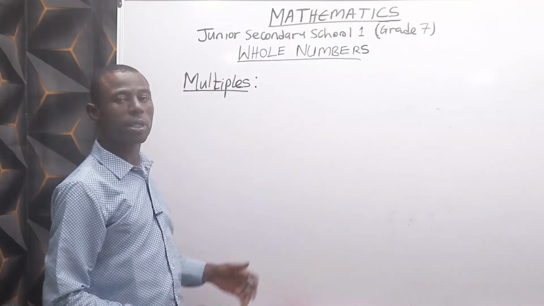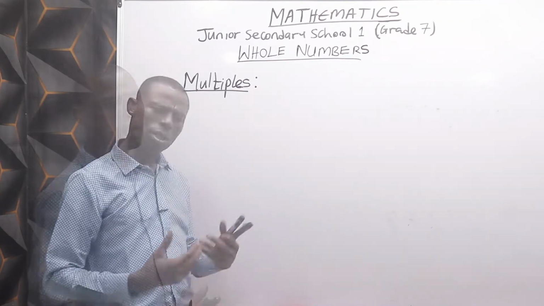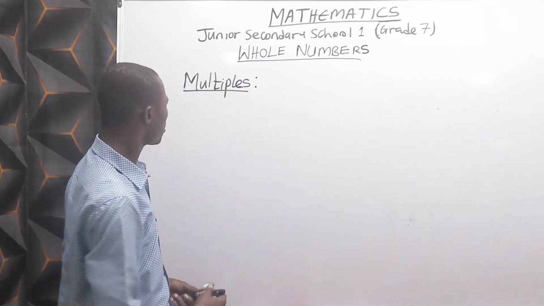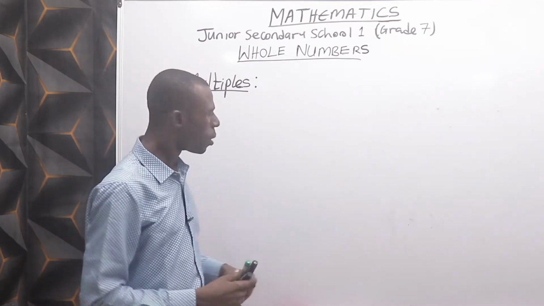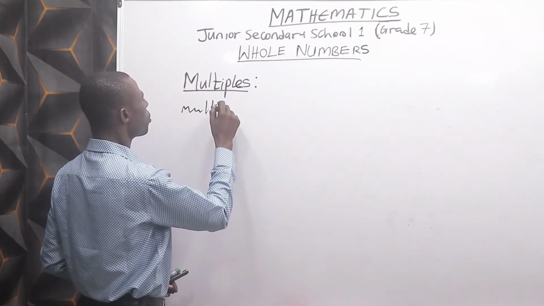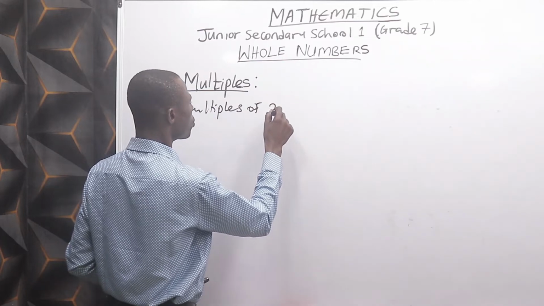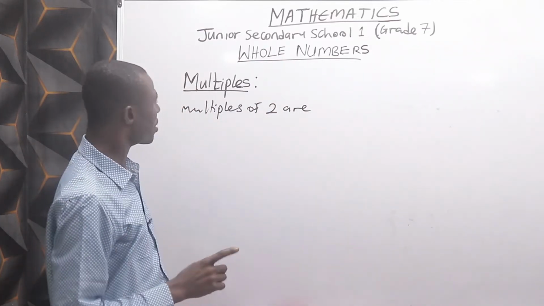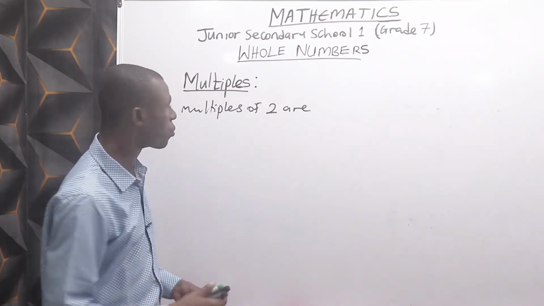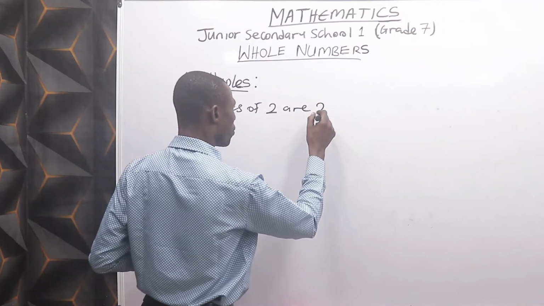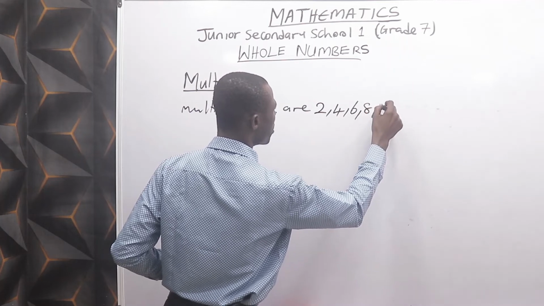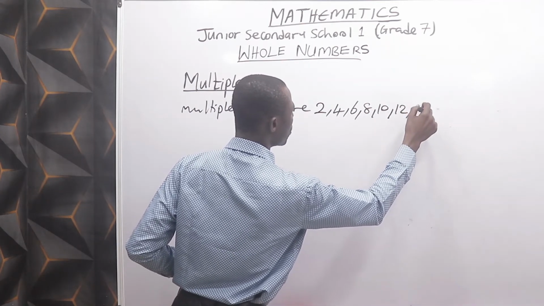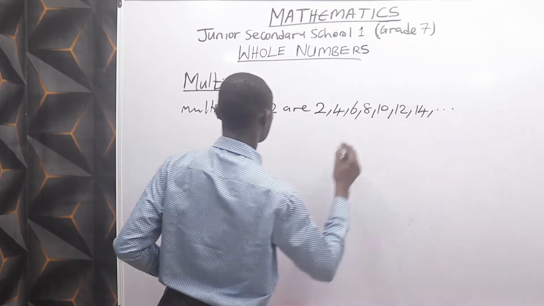The next concept is multiples. When we say multiple, what do we mean? Multiples are best explained by example. Multiples of 2 are all the numbers that 2 can divide, starting from 2 itself: 2, 4, 6, 8, 10, 12, 14, and so forth.